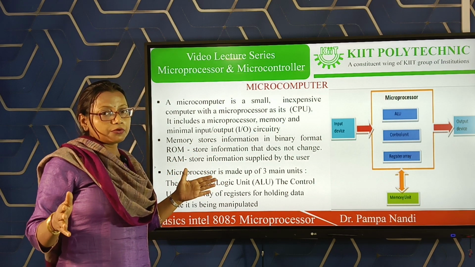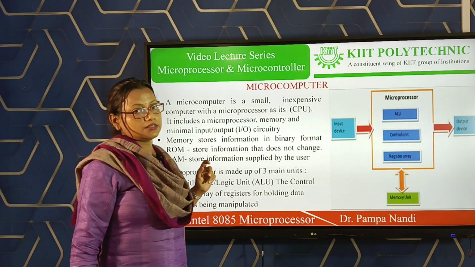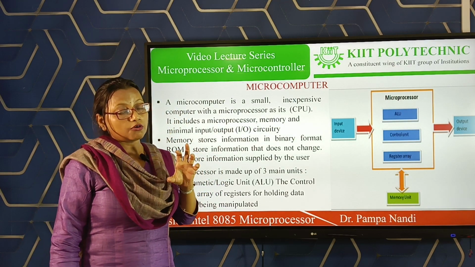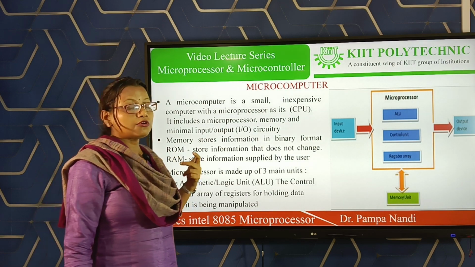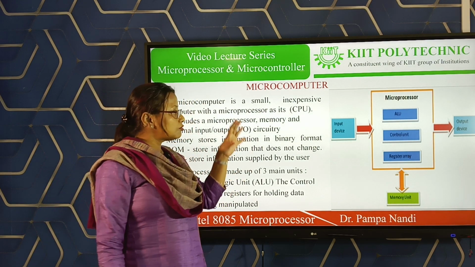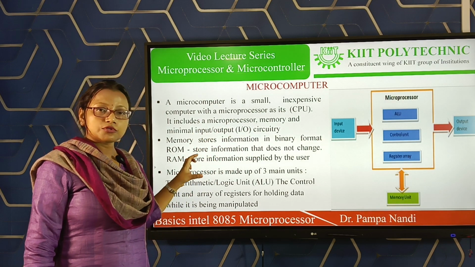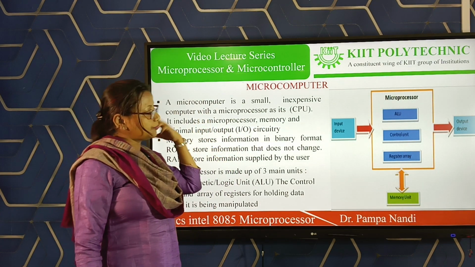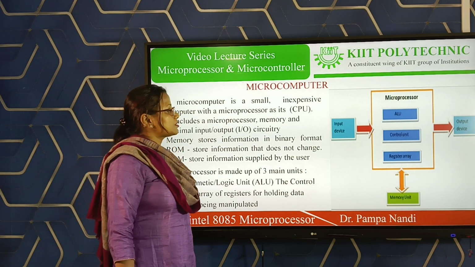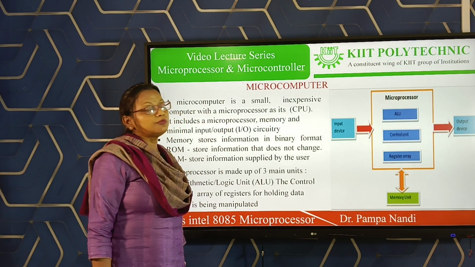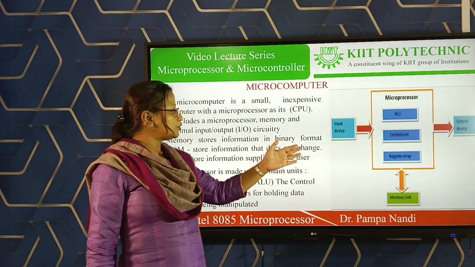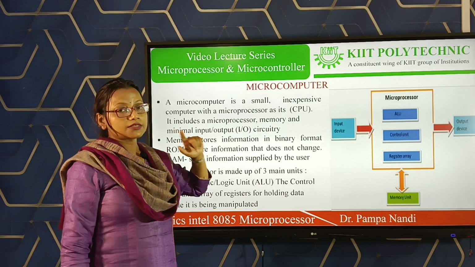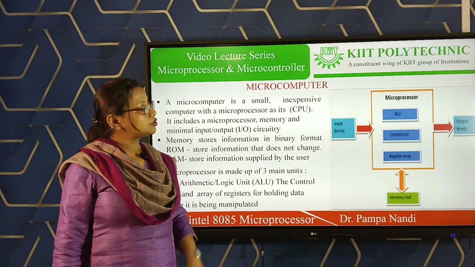If it is a computer, then it makes sense. The processor cannot do everything alone. The microprocessor is the processor, or the CPU, of the computer. The microprocessor is connected with the input device, the output device, and memory. And basically, as I said, it can perform arithmetic and logical operations.